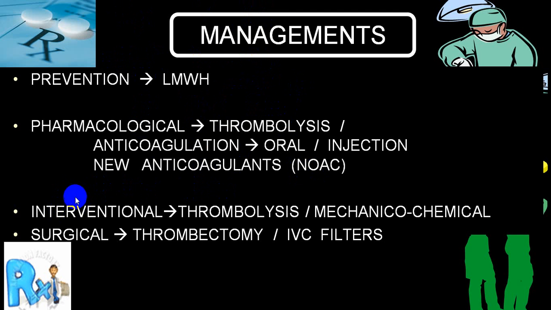In a person whom you suspect to be in a very high risk group, you can go for a combination of thrombolysis with mechanical. So you can start with thrombolysis followed by mechanical, or you can start with both combined together, mechanico-chemical or chemico-mechanical. And when it is massive, you might have to go for surgical intervention like thrombectomy, and in a high risk group, you can go for an IVC filter.